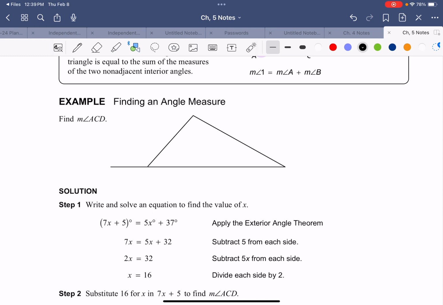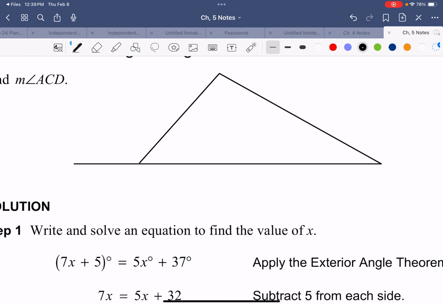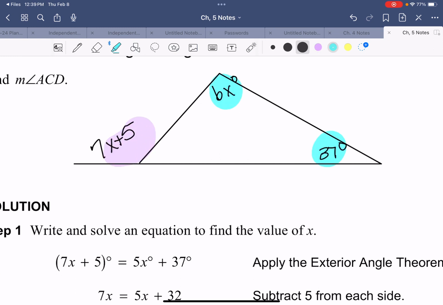So we know that this is 7x plus 5. This one's 6x degrees, and this one's 37 degrees. Well, by the triangle exterior angle theorem, I know that this angle is going to be equal to the sum of these two.